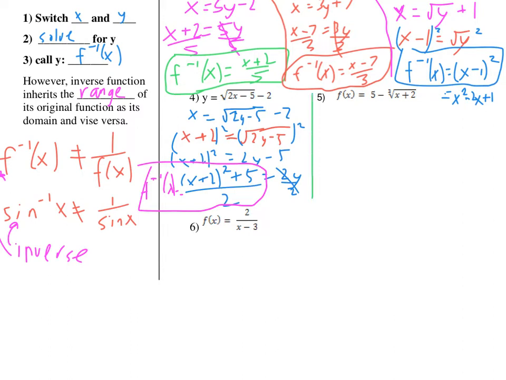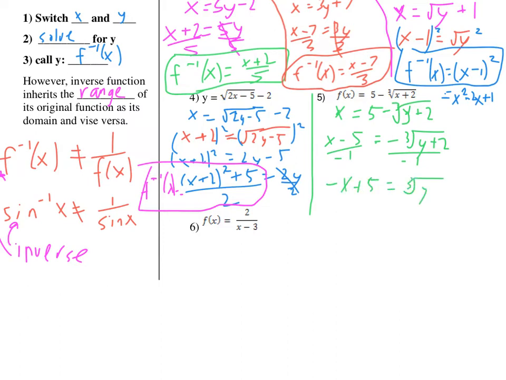All right, next up we got number 5 here. So for this one, once again, we're going to switch x and y. Oh, I haven't mentioned it here, but when you have f of x, that really means the same thing as y. So x equals 5 minus the cube root of y plus 2. And so now we'll subtract that 5 over, so x minus 5 equals negative cube root of y plus 2. Now, notice that I was really careful because that negative was in front of the cube root, so now I'm going to divide that over. So this will be negative x plus 5 equals the cube root of y plus 2 now.